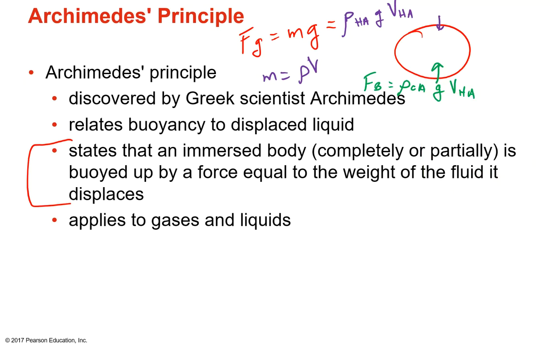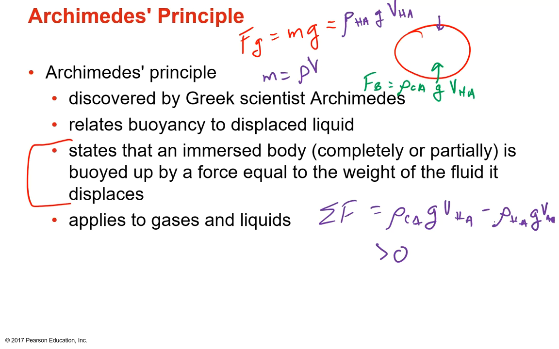And so we know that if we add those together, it will not equal 0. It's greater than 0 because it's accelerating upward. The hot air went from rest to moving up, so it had to have an upward net force. Those are the two forces acting on it, and the net has to be upward, so greater than 0.